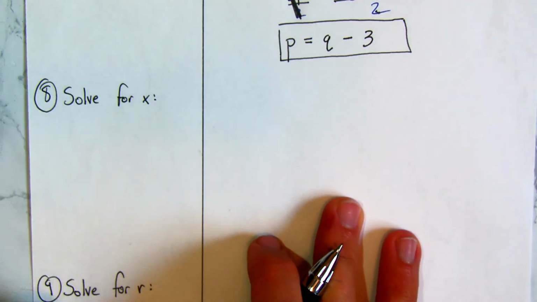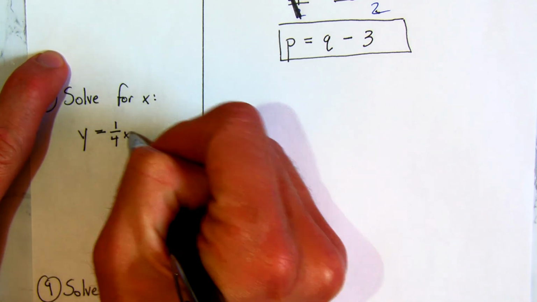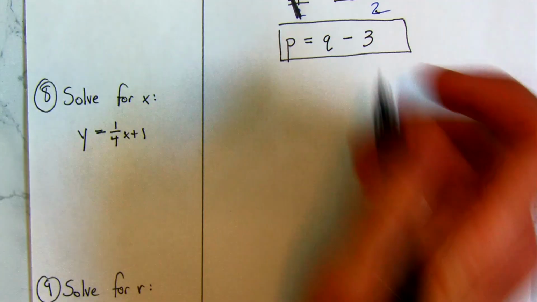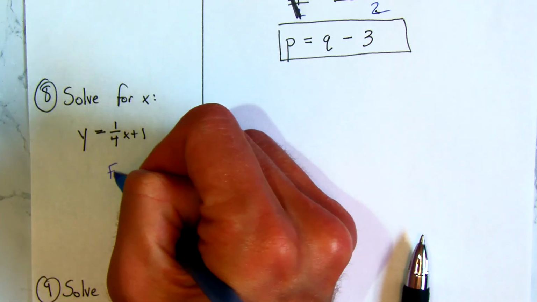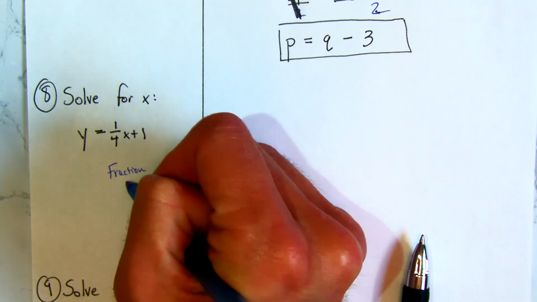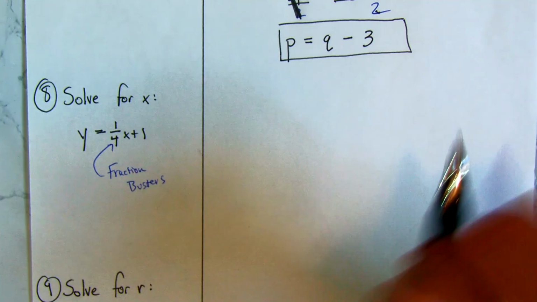Number 8, solve for x. I forgot to write this one. Okay, so right away I see a fraction. So think fraction busters here.